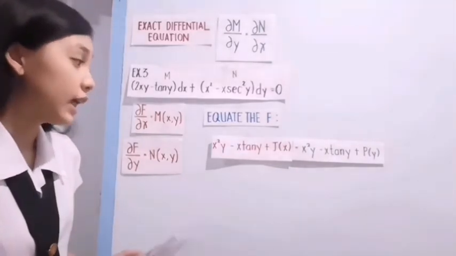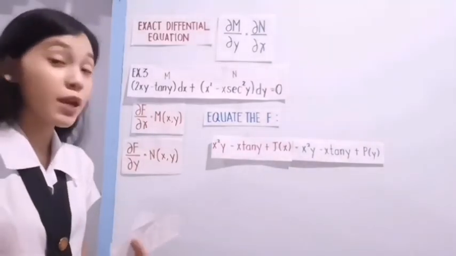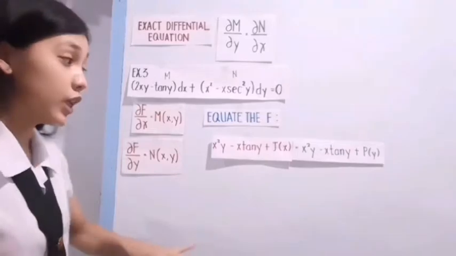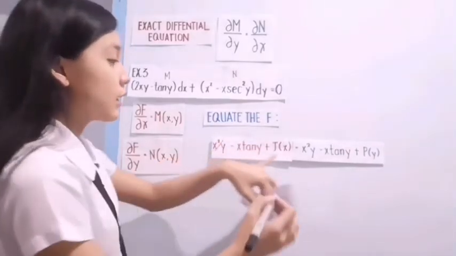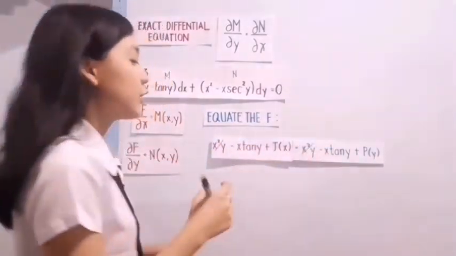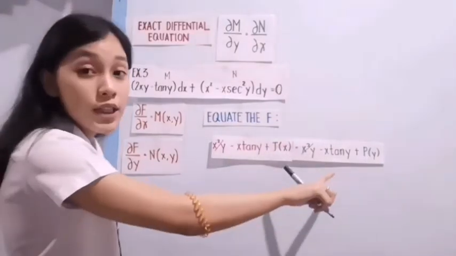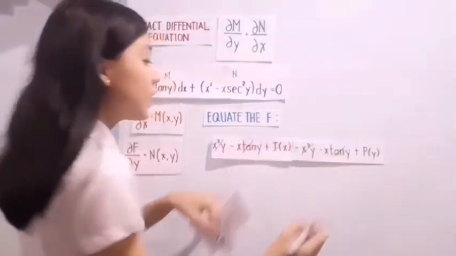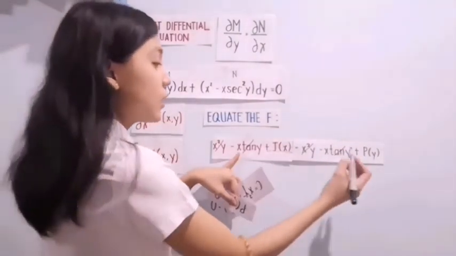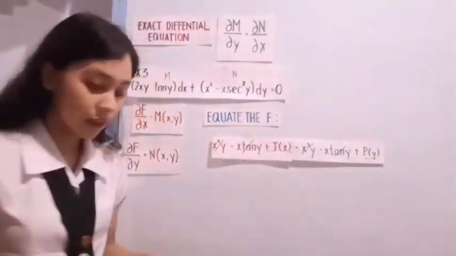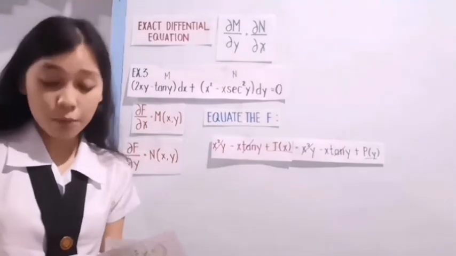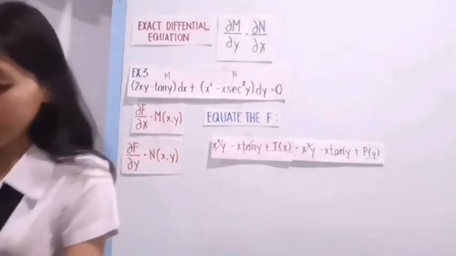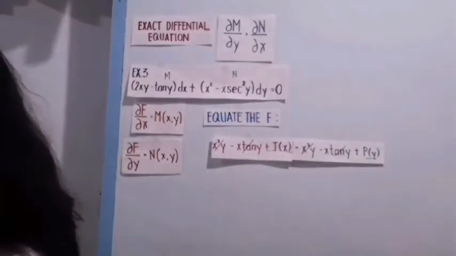So, mapapansin natin na yung x squared y ay meron din sa kabila nung equal. So, cancel, at yung x tangent y ay meron din sa kabila. So, ika-cancel out na din natin yon. So, ang matitira ay yung x at yung y natin. Na, dun din natin malalaman kung ano yung magiging equal nila.